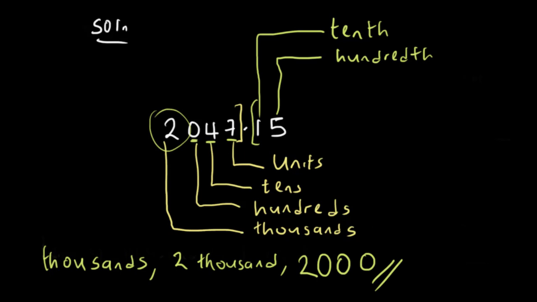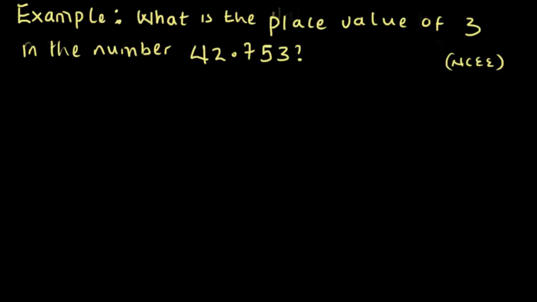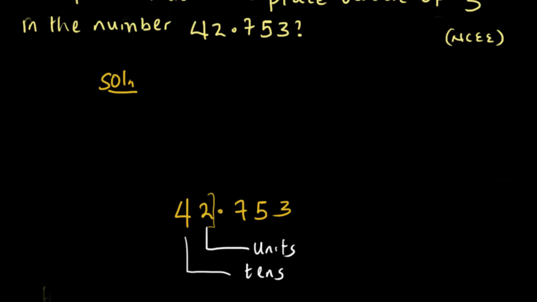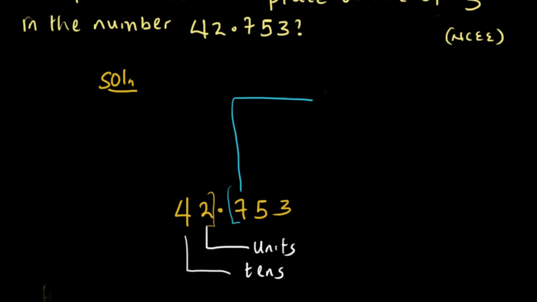One more example. Now let's solve this. What's the place value of 3 in the number 42.753? So we have 42.753. Remember, before the decimal point, you come down. So we have units, and then we have tens. After the decimal point, we go up. So the first is tenths, then we have hundredths, and then we have thousandths.